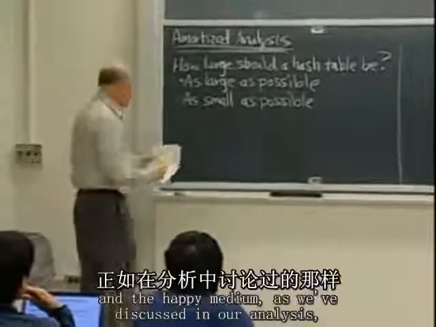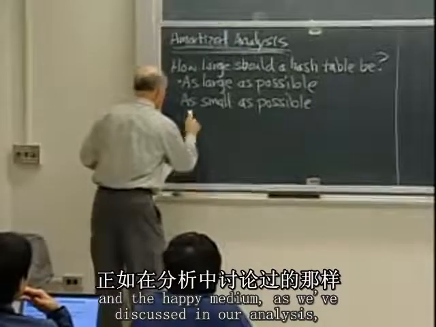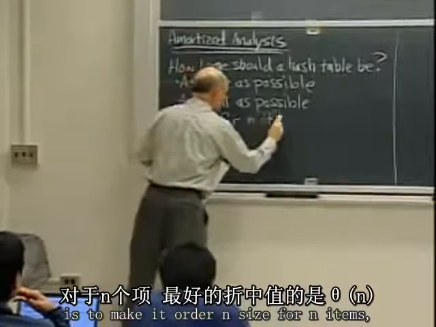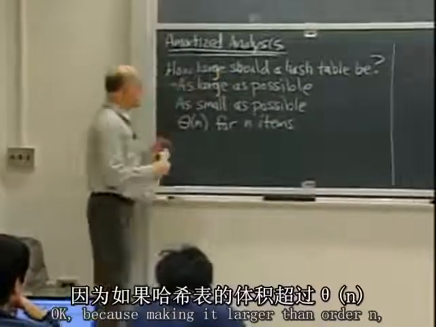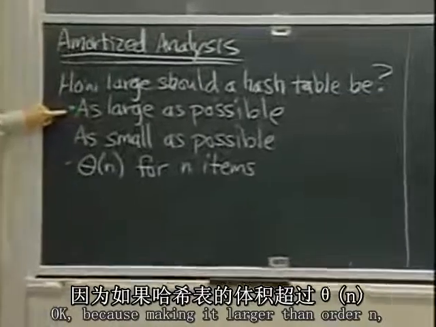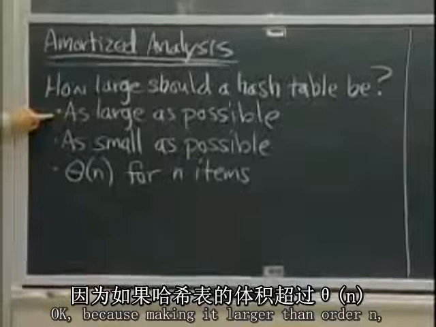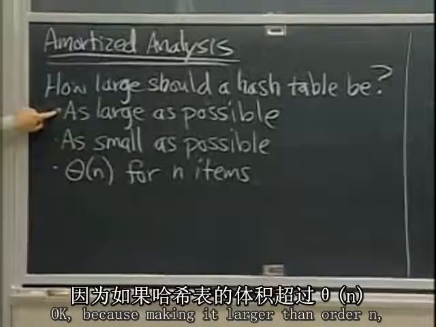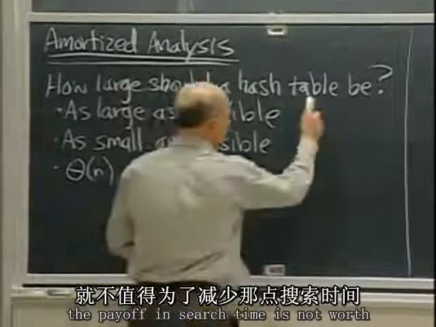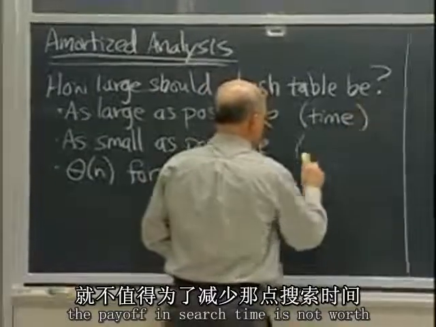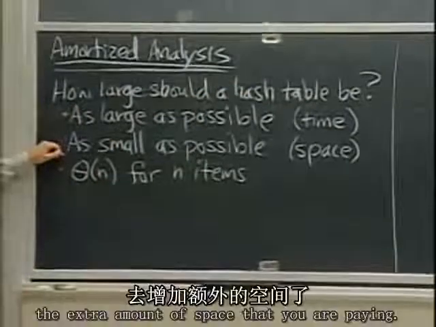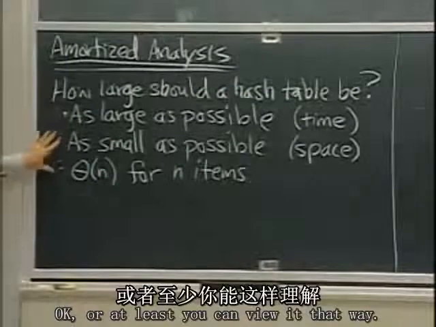And the happy medium, as we've discussed in our analysis, is to make it order n size for n items, because making it larger than order n, the payoff in search time is not worth the extra amount of space that you're paying. Or at least you can view it that way.